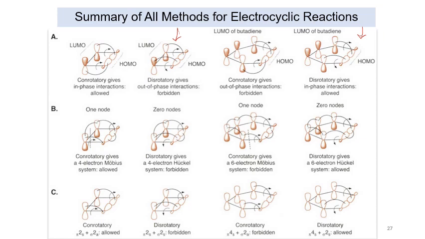The conrotatory will be permitted for the 4N system under thermal conditions, whereas the disrotatory will be permitted under thermal conditions for the 6 electron system. You can satisfy yourself and see whether each of these methods, what we have summarized here, agrees with what we have studied on the previous slides.